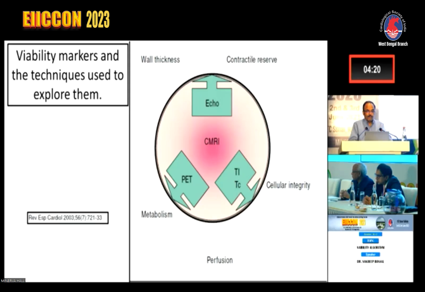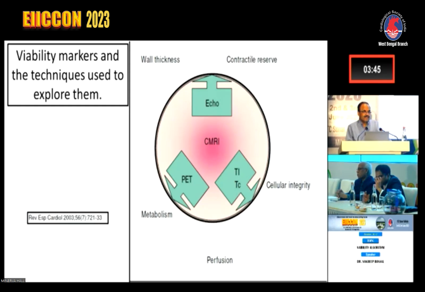Based on that, this also shows the four major ways in which myocardial viability is detected. There are some non-invasive and other markers also. But by and large, we either use echocardiography, positron emission tomography, or the PET studies as we call them. We also have thallium studies and technetium-based perfusion studies.